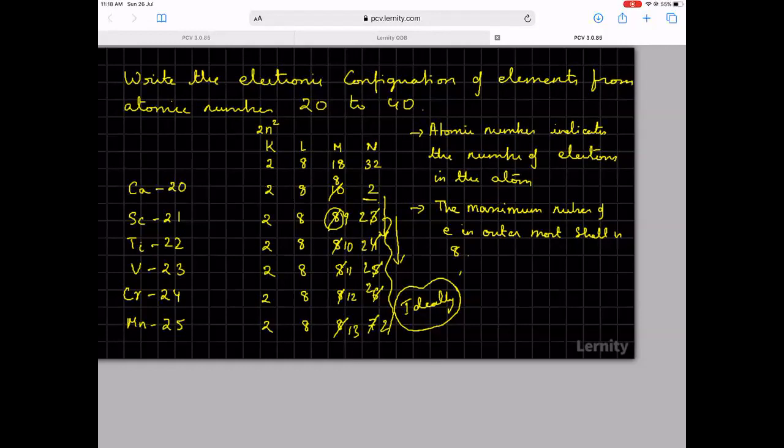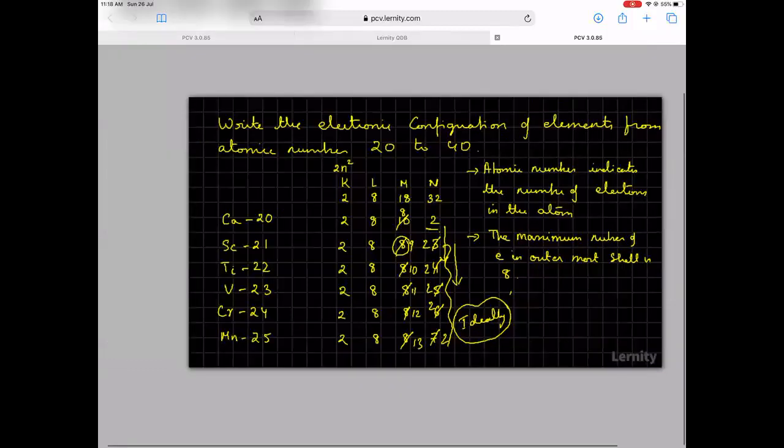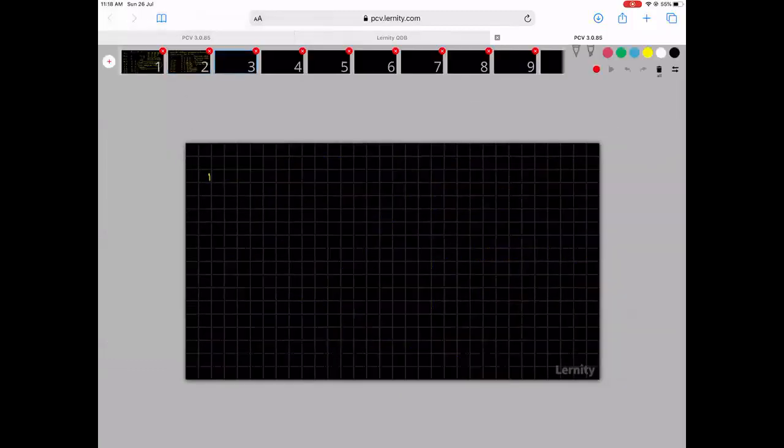Bohr said that the maximum number of electrons in any shell is given by 2n square.